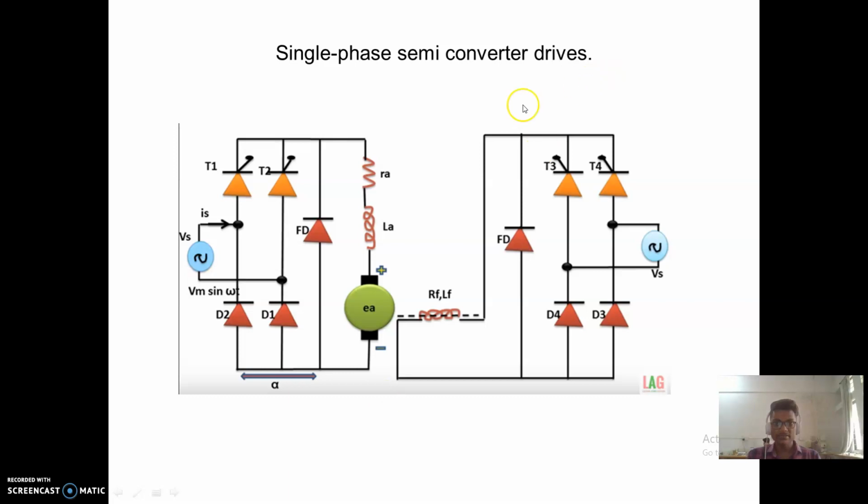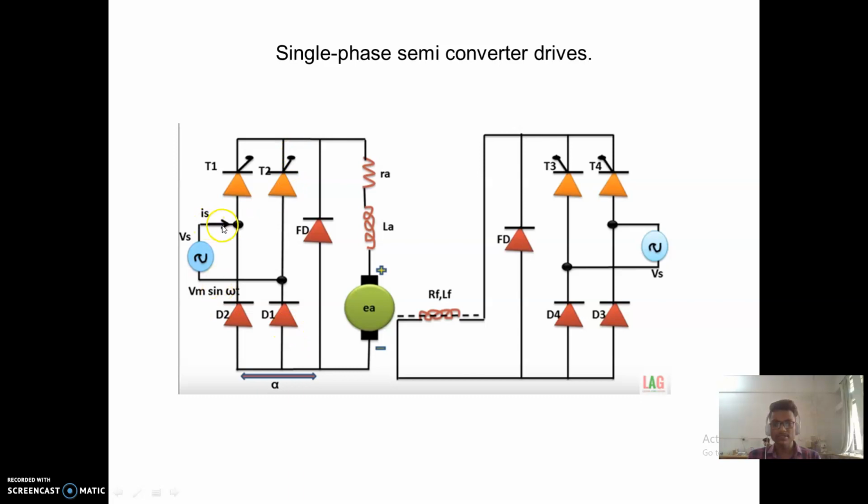Now this is the single phase semi converter drive. In that, two thyristors and two diodes are connected, but in this case at a time only T1 and D1 are on, or T2 and D2 are on.